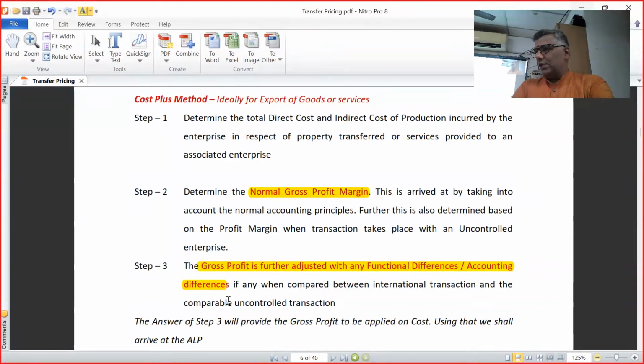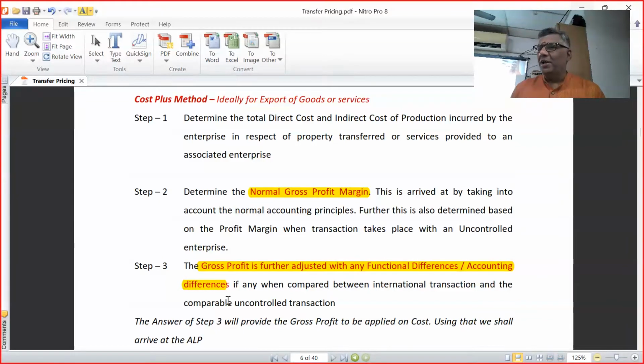Okay. So, my dear friends, all of us listen here. In the case of cost plus method, the challenge is finding out the gross profit for the other enterprise. The challenge is not what the cost is.